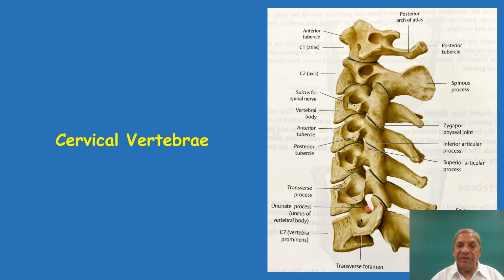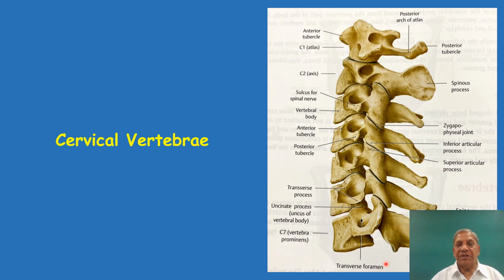For example, below the C7 cervical vertebra, from the intervertebral foramina between C7 and T1, the cervical nerve which will come out from this point where my pointer is moving will be the C8 cervical spinal nerve, and then the T1 spinal nerve will come out below the first thoracic vertebra.